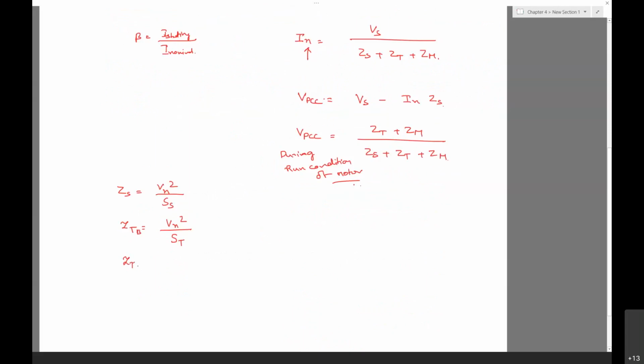If you want to find the transformer impedance, Zt is epsilon times Vn square by St. This is an equation.